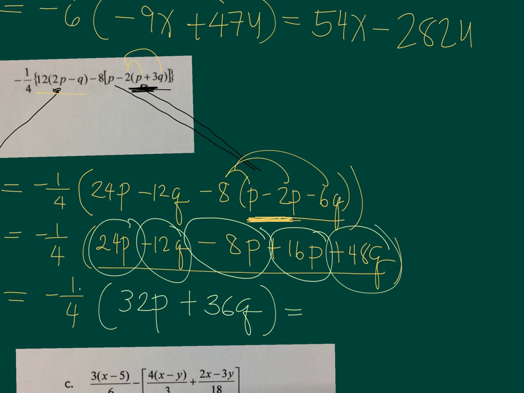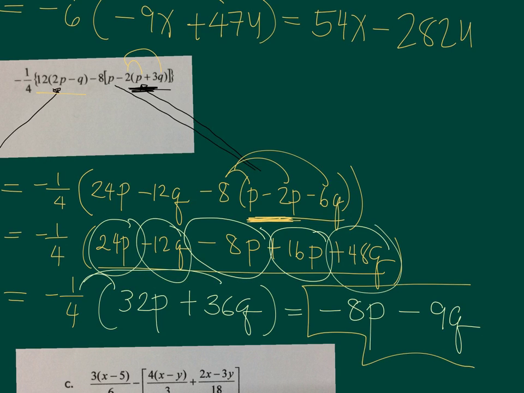And then you can now use the negative 1/4. Negative 1/4 of 32p and the negative 1/4 of 36q. Negative 1/4 of 32p is negative 8p. The negative 1/4 of 36q is negative 9q. So the final answer is negative 8p minus 9q.